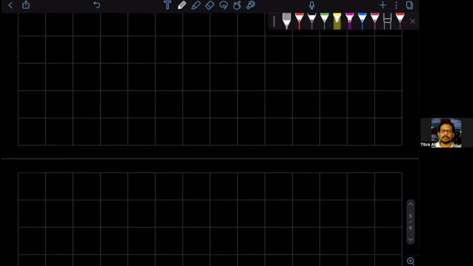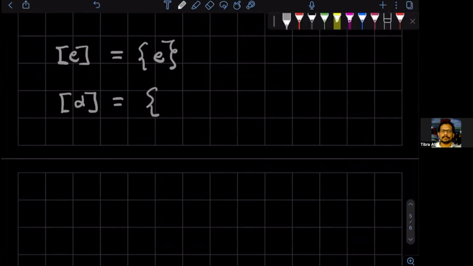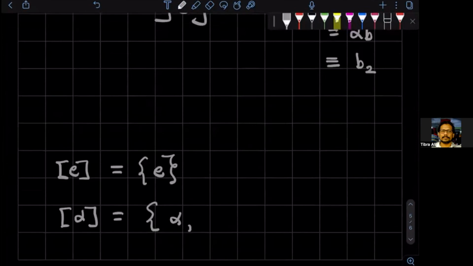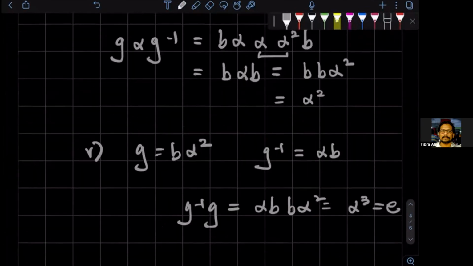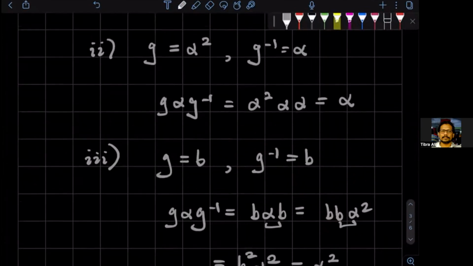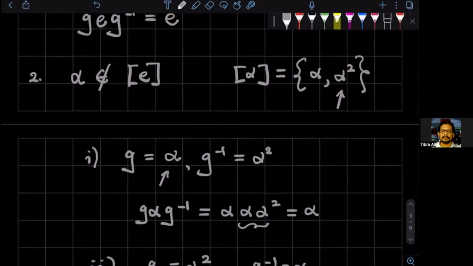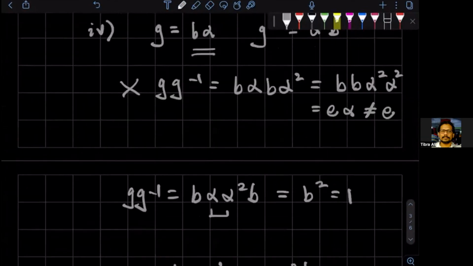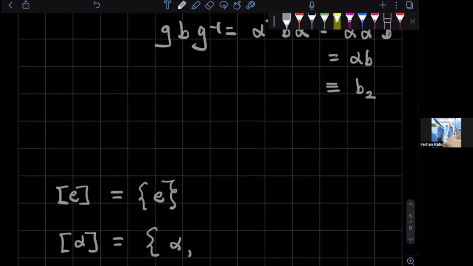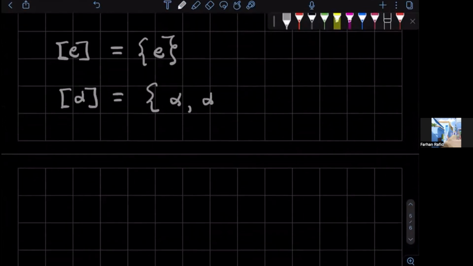And then we have our conjugacy classes, which consist of the identity element, alpha, which consists of a rotation by alpha, and in the B1 equivalence class, we got the elements B2 and B3.